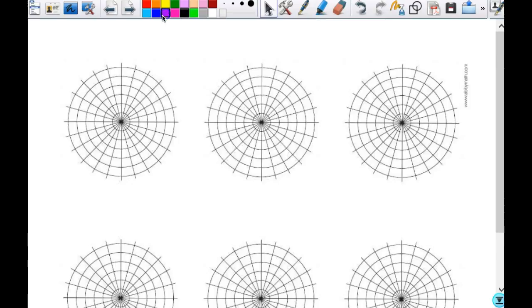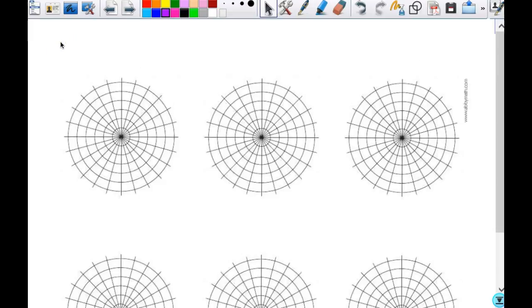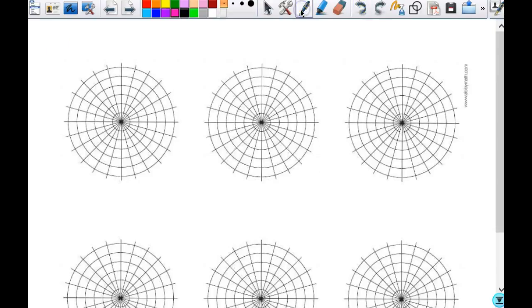So for number 1, it's going to be R equals 3 plus 3 cosine theta. Okay, so that's number 1. Number 2, R equals 5 sine of 5 theta.